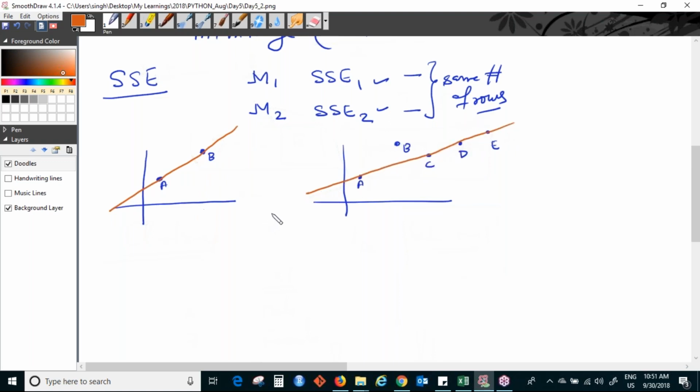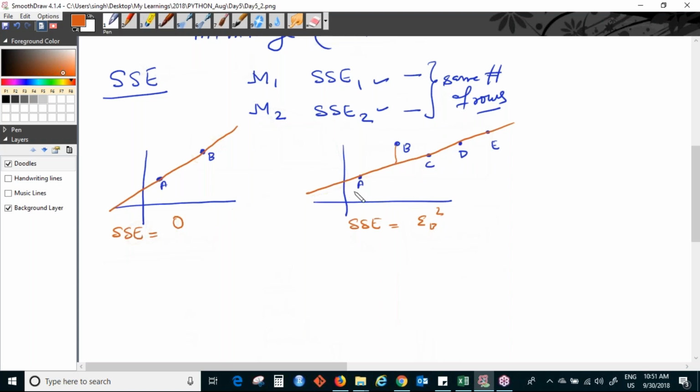Let's find the sum of squared error for this model. What is the sum of squared error for this model, guys? 0, right? So 0 square plus 0 square is 0, and the sum of squared error for this model will be error due to B whole square. All others are 0. Just for B you will have some error.